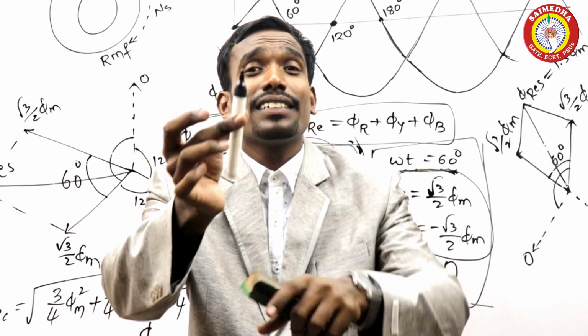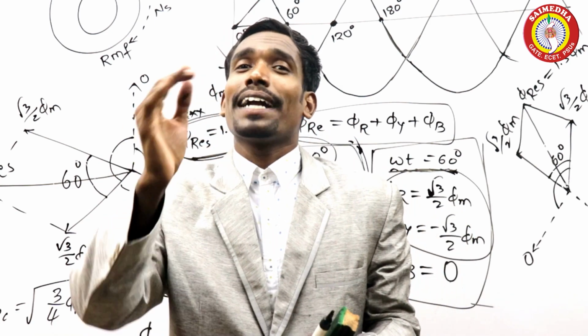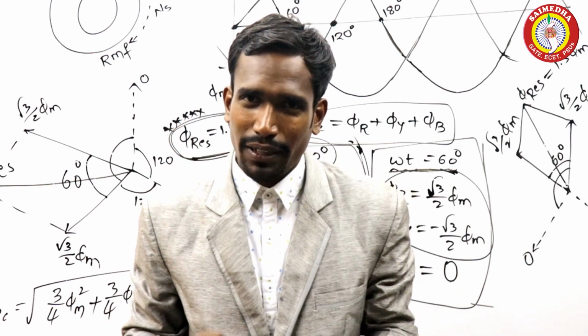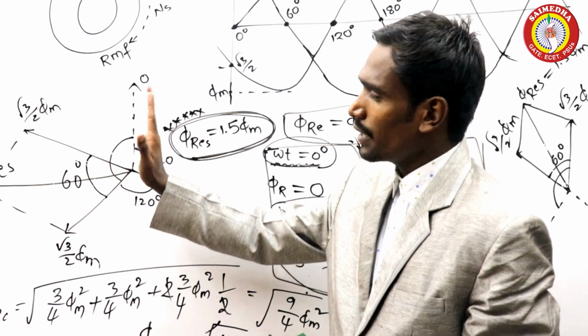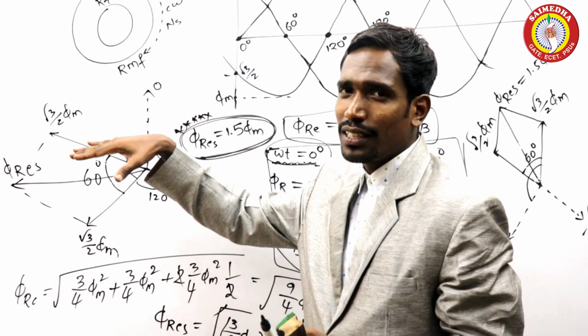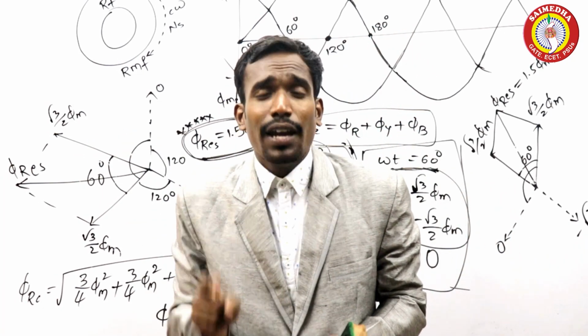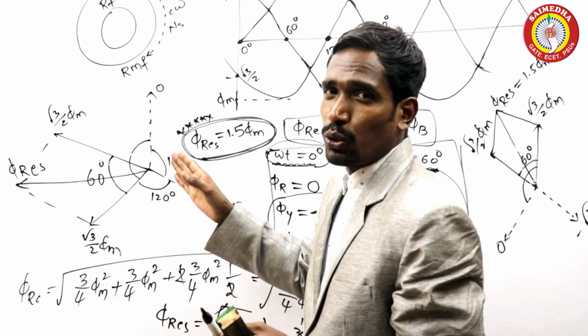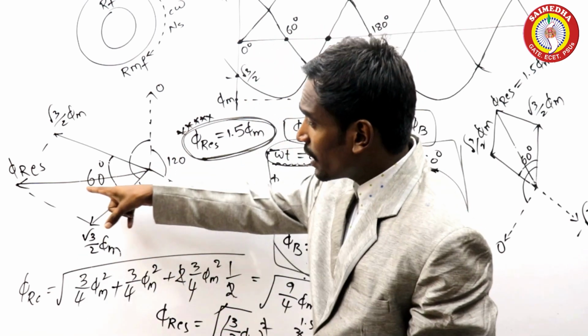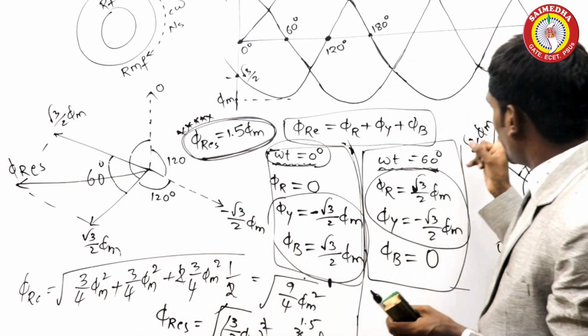That's why it is called a rotating magnetic field. Why? Because here the resultant flux is rotating. In which direction is it going to rotate? From here to here.